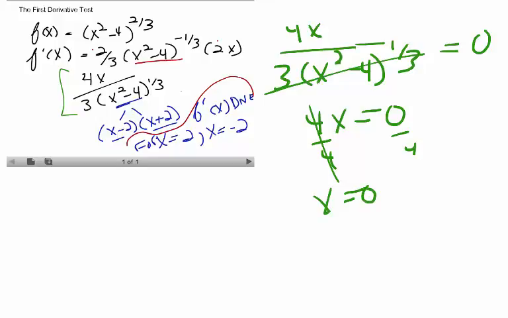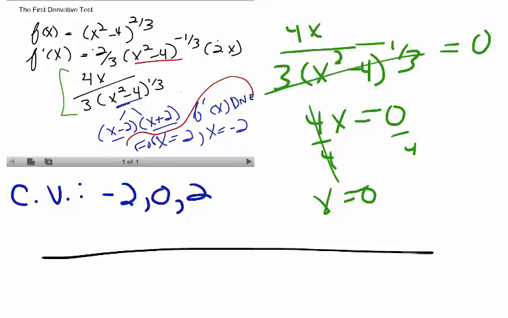Therefore, our critical numbers, or critical values, are negative 2, 0, and 2. We can use this information to determine where f may have relative minima or maxima.